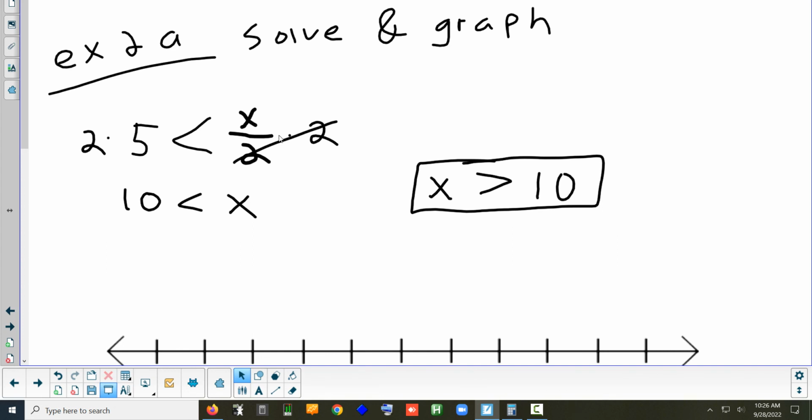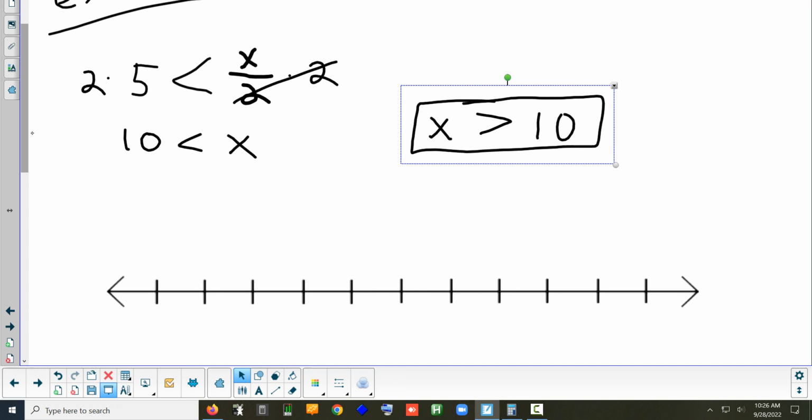So now that I fixed it, Brady, what does this inequality tell me in terms of my number line? How does this help us draw the picture? It would be an open circle on 10 with an arrow pointing to the left. Not quite.